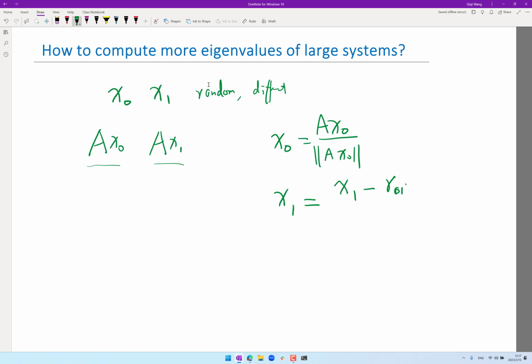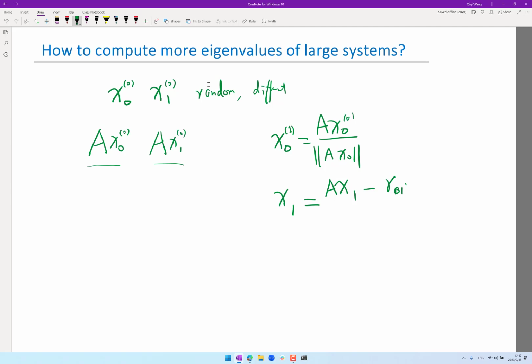Here is ax1, and I'm going to take a superscript to say what iteration it is. So x1 at iteration 1 is equal to this, and the initial condition is iteration 0.